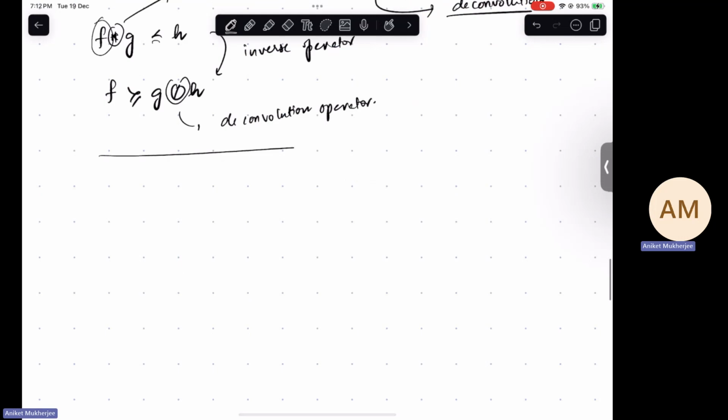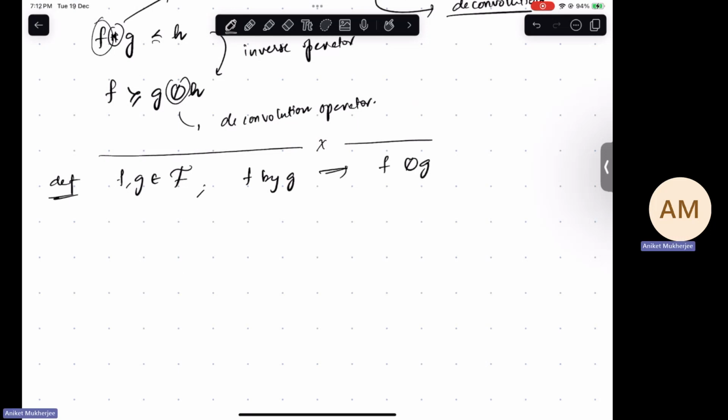So we'll define the deconvolution property. Let f, g belong to the set of min plus functions. Then the deconvolution of f by g, which we will represent as f deconvolution g, also belongs to the set of min plus functions.